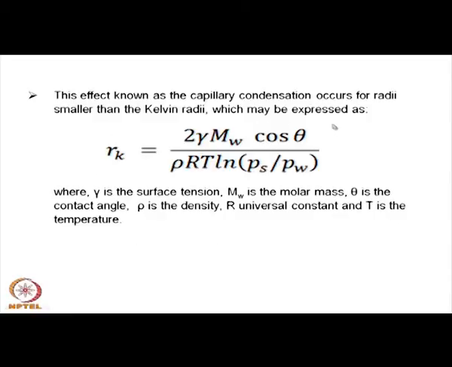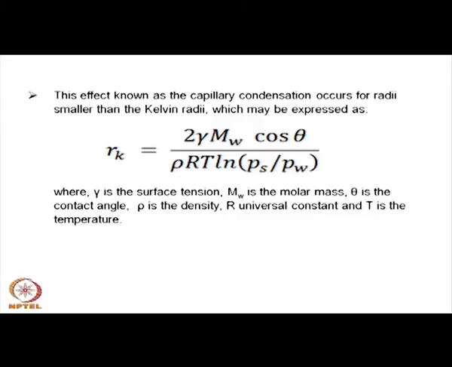So, there is a relationship with the surface tension, cos theta, theta is the contact angle of that surface, rho density and so on. So, depending on that you have a particular size of the pore in which the condensation will take place. If this one is too large or too small, then condensation will not take place and the material cannot be used as a sensor.